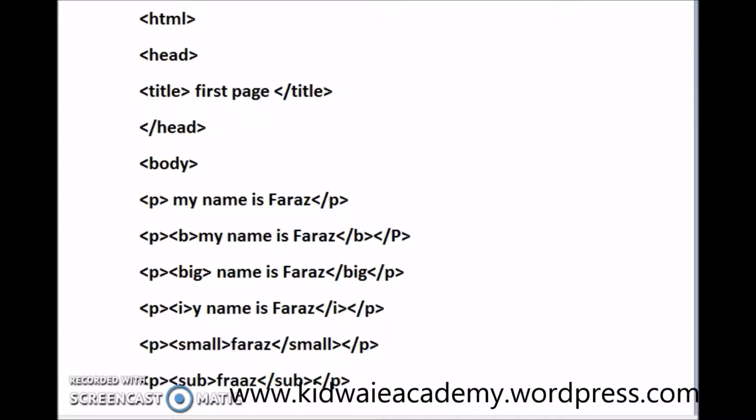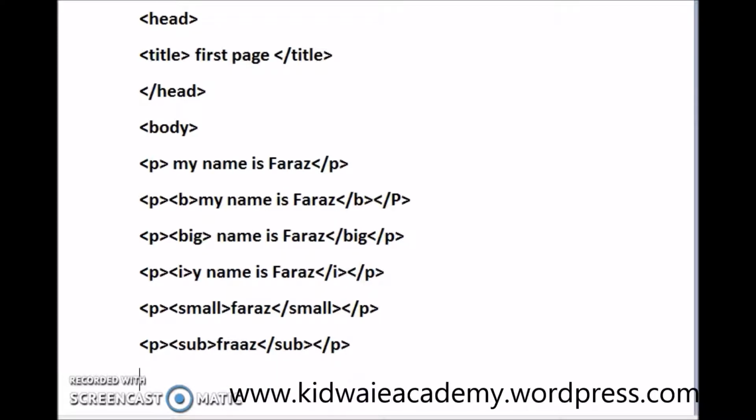Okay, now we move to ins. It's inserted text, so it will appear like inserted text in your HTML page. So we type ins, type our message, we close this tag, and we close the p tag.